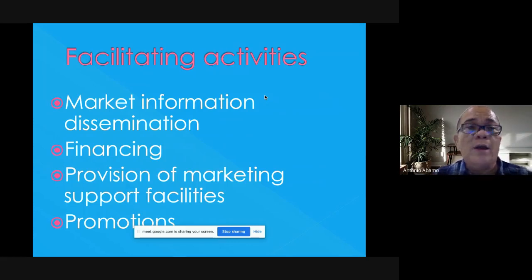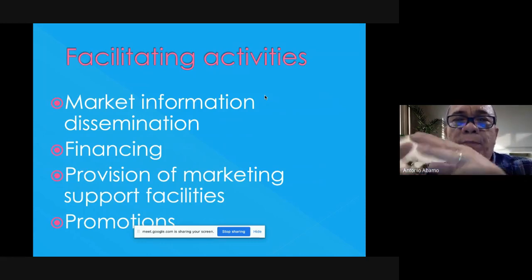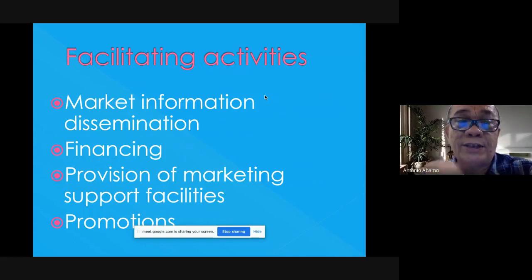There is equal access to information, so that no player in the market is unduly making themselves rich at the expense of another player. There should be a level playing field in the market, and that's what the government is doing, providing market information and providing consumer awareness. These are facilitating activities.